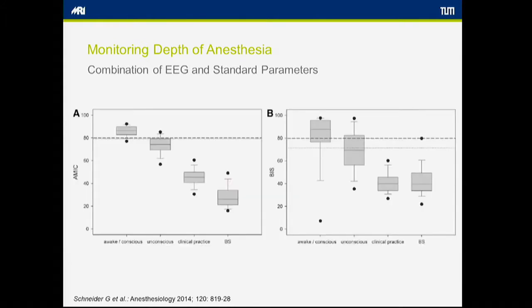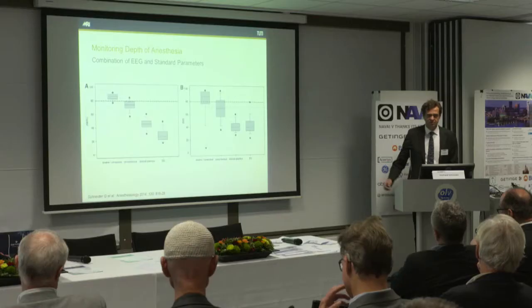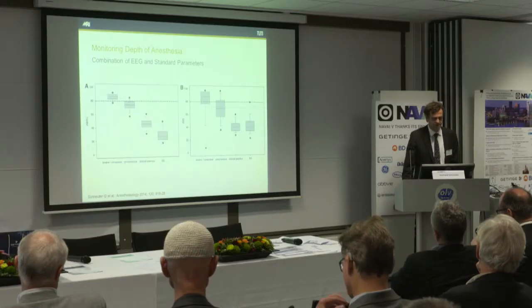So on the right-hand side, you see the information from the bispectral index monitor. On the left-hand side, with a very similar approach, also probabilistic, but including more parameters, you get more precise information.